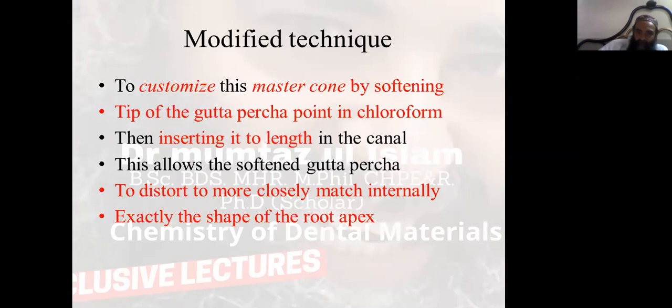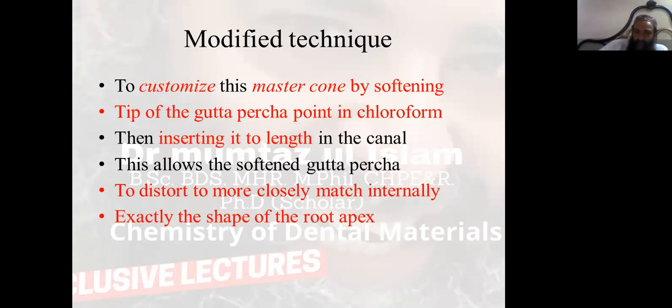Modified technique is to customize this master cone by softening tip of gutta percha point in the chloroform. Chloroform is easily available and not using nowadays for giving general anesthesia.